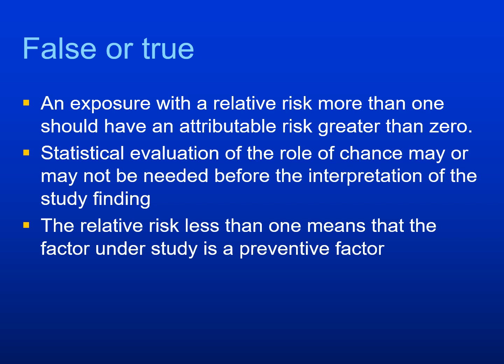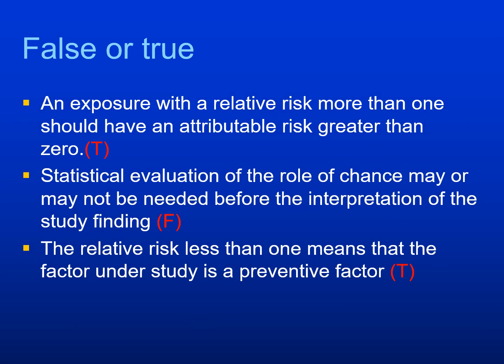An exposure with a relative risk more than 1 should have an attributable risk greater than 0. This is true. And statistical evaluation is a must. We cannot only depend on the relative risk or the odds ratio.